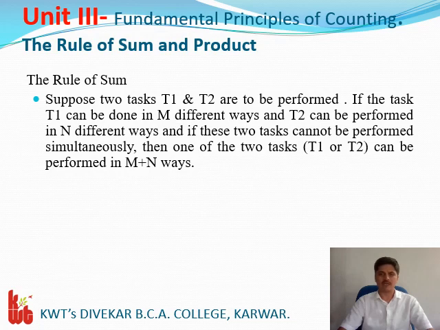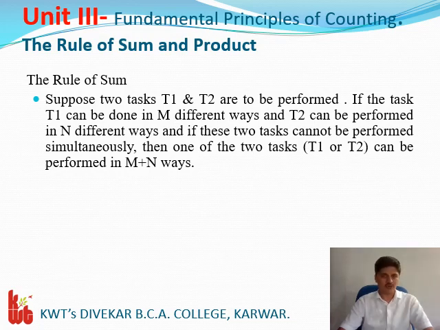If task T1 can be done in m different ways and task T2 can be performed in n different ways, and these two tasks cannot be performed simultaneously, at once, then one of the two tasks, T1 or T2, can be performed in m plus n number of ways.